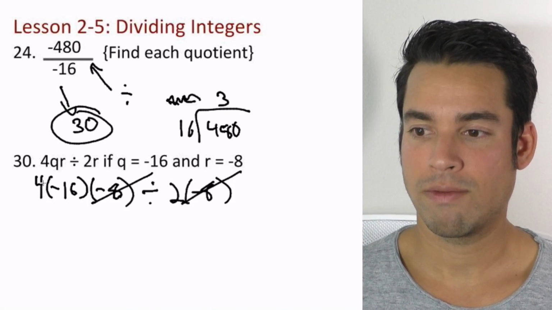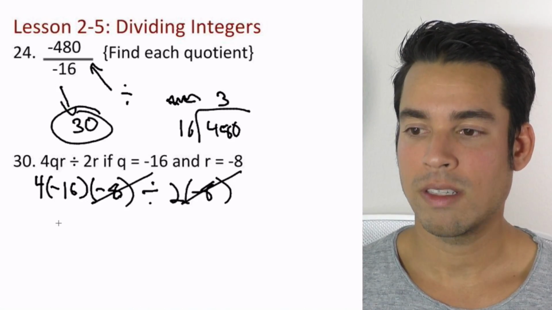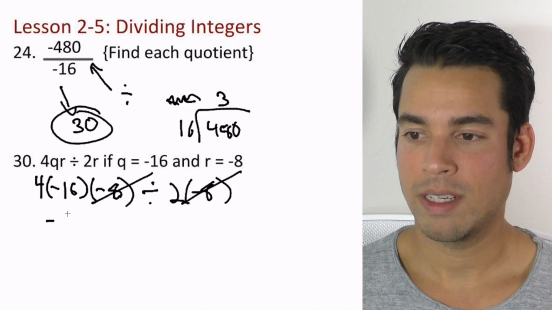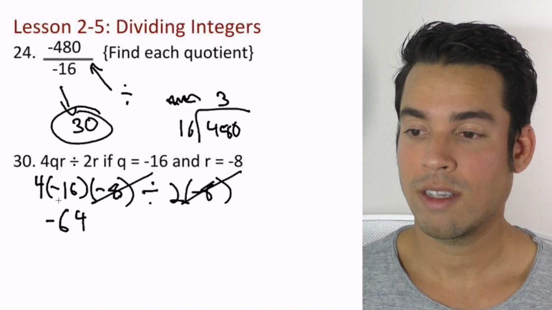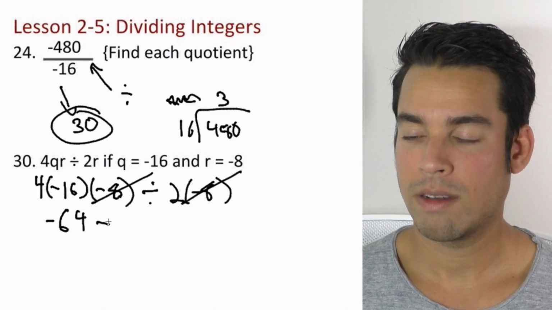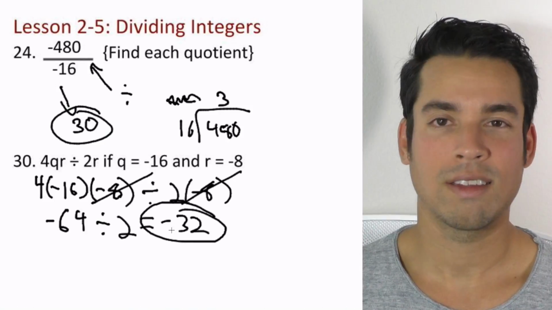So now we just have 4 times negative 16 divided by 2. Well, 4 times negative 16 is going to be negative 64. These negatives now cancel out, actually. So this guy's still going to stay negative, divided by 2. And that gives us a negative 32, and done.